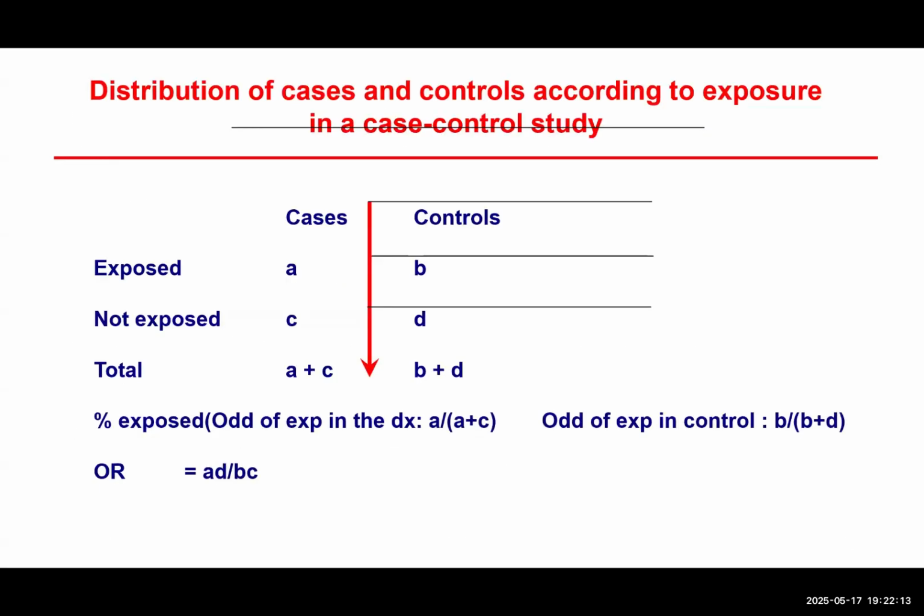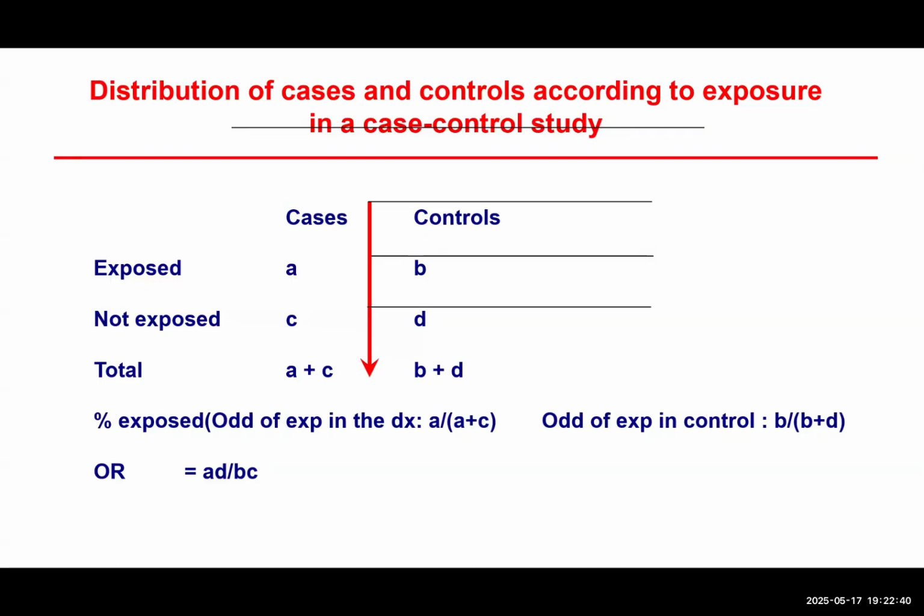So in interpreting your case control, like I said, at the end of the day, the statistical association you're doing is the odds ratio. You're trying to determine your odds ratio. How do you determine your odds ratio? In a case control, on the column you have your cases and then the control, while on the row you have your exposed and those that are not exposed.